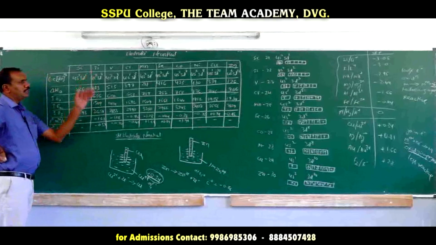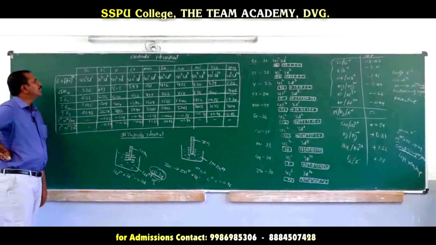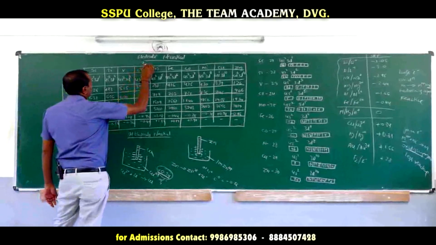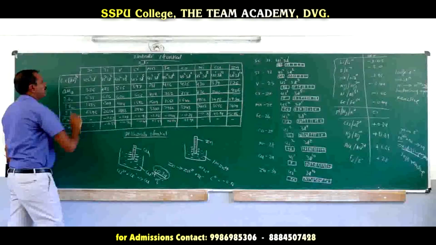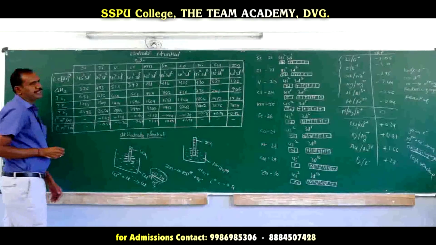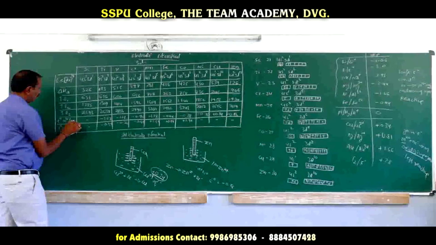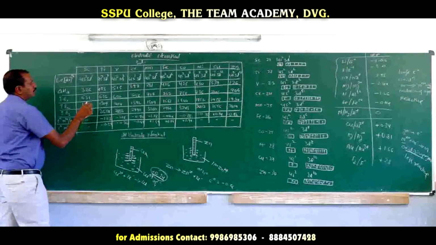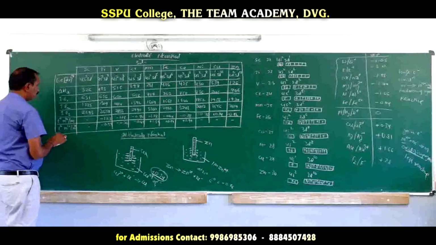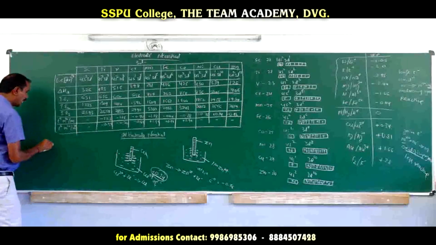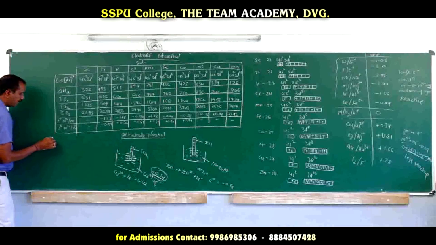Now we will come to the electrode potential in the case of the 3d series of elements, from scandium to zinc. Before that, how do we calculate the electrode potential for the 3d series?